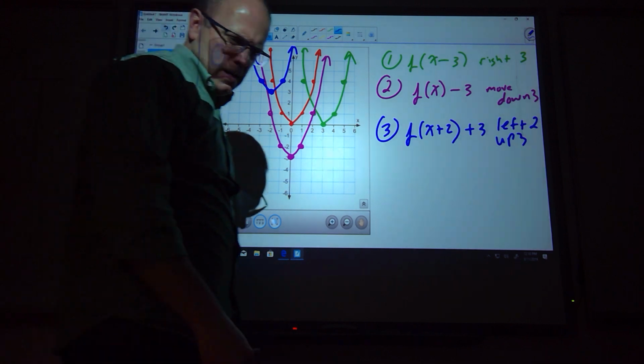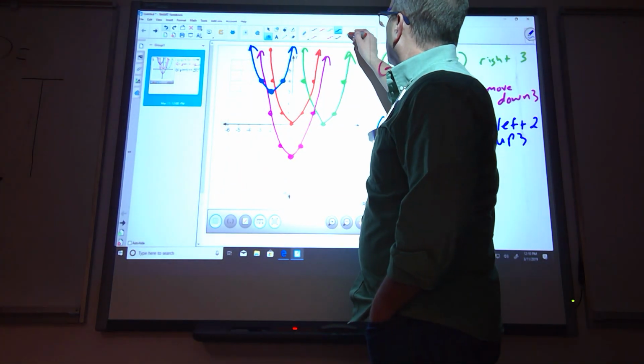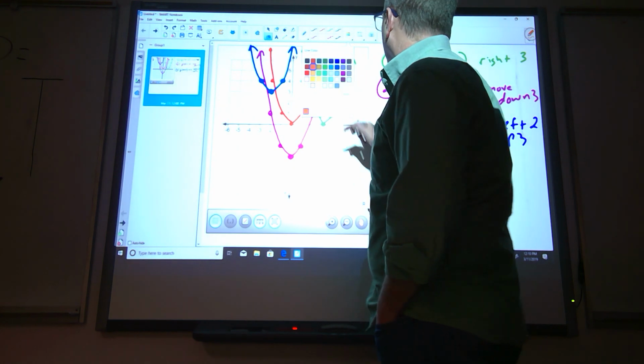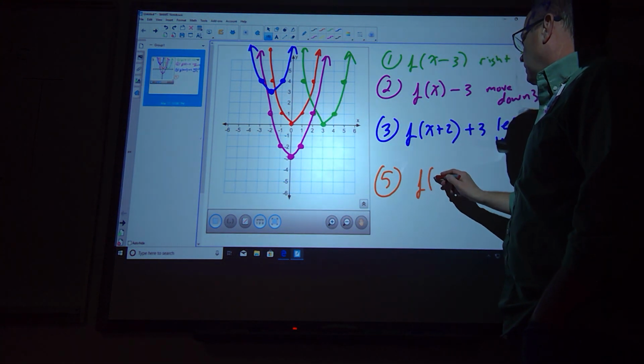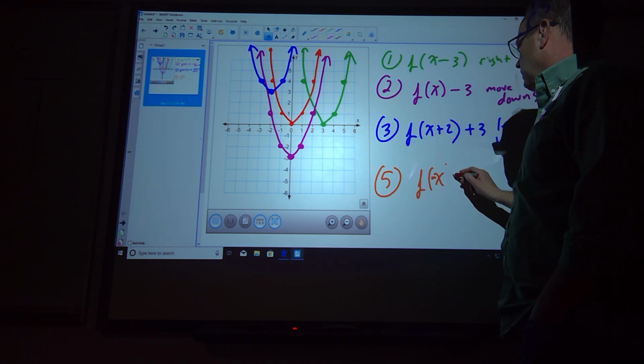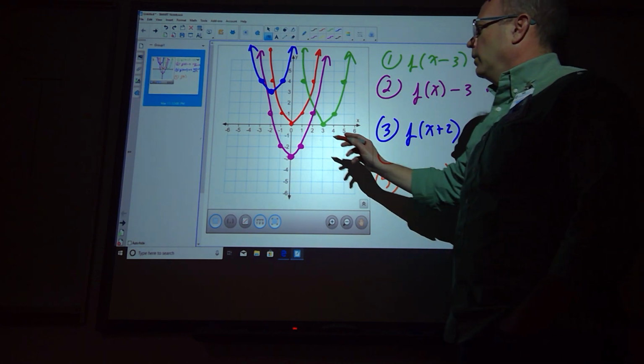And then number 5. F at negative x. So that means whatever x value I plugged in, I'm going to do the opposite of it right away. So here's the thing.